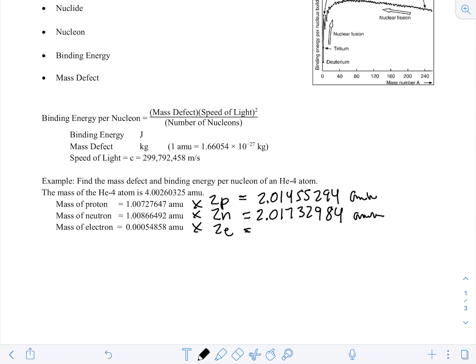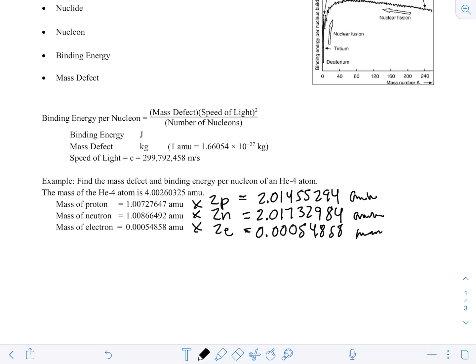And that's AMU. And then 2 electrons, remember they're the smallest, so I have 3 zeros, not 4, and then 5, 4, 8, 5, 8.